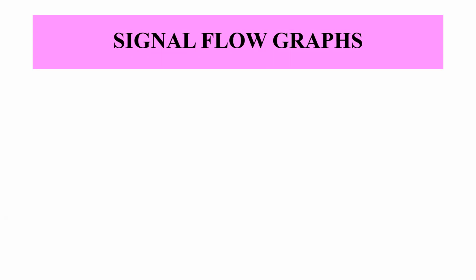So a signal flow graph is a kind of pictorial representation of the given control system, in which we generally do not have the summing points or takeoff points as we have in the block diagram representation. Instead, we have some other components which we would be discussing in this lecture.